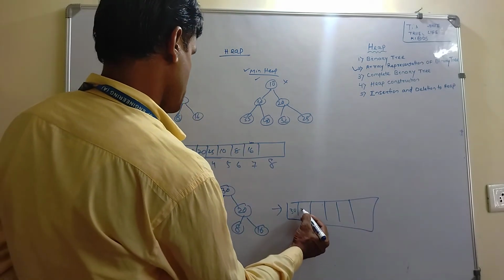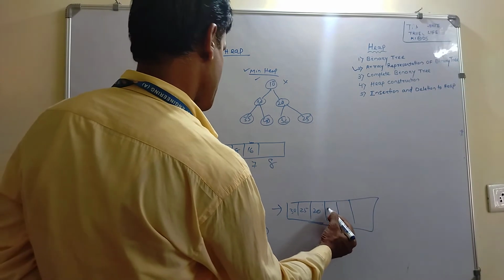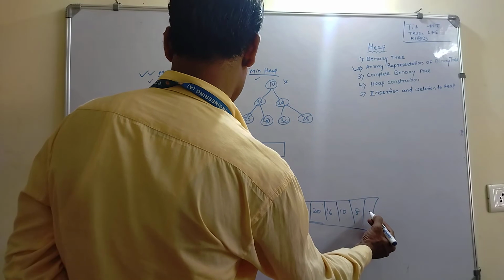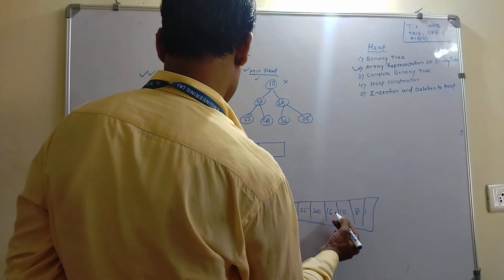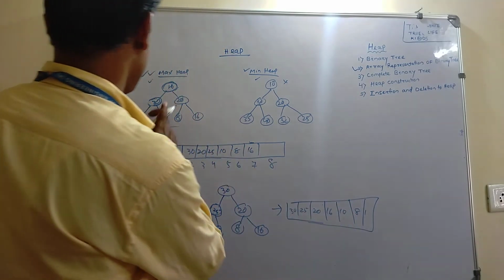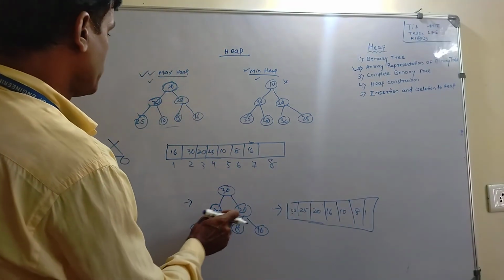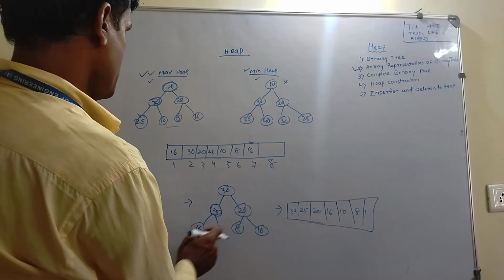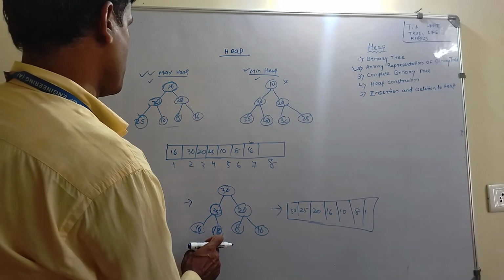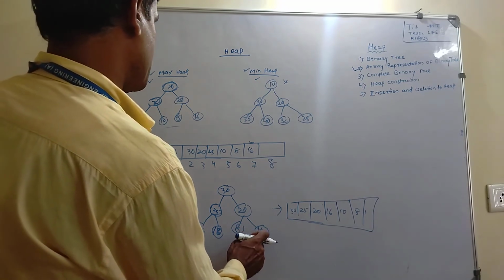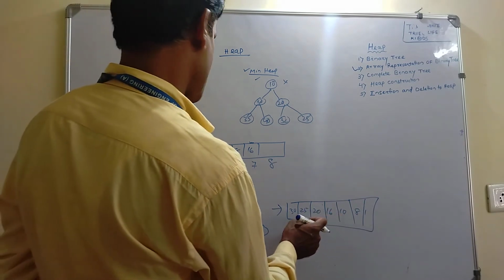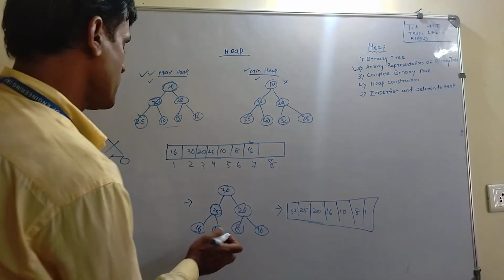The final representation after deleting 50 will be: 30, 25, 20, 16, 10, 8 and 16. This is 25 and 10. 25 will be here and this will be here.